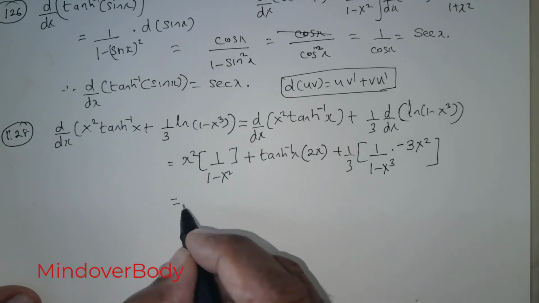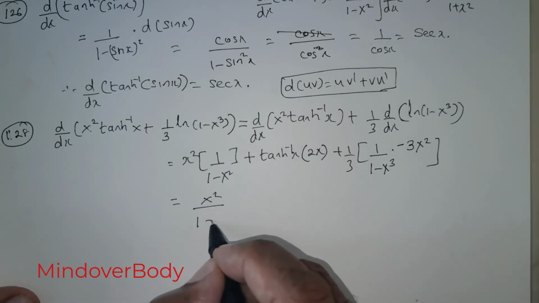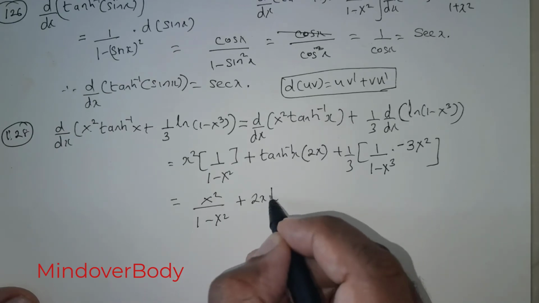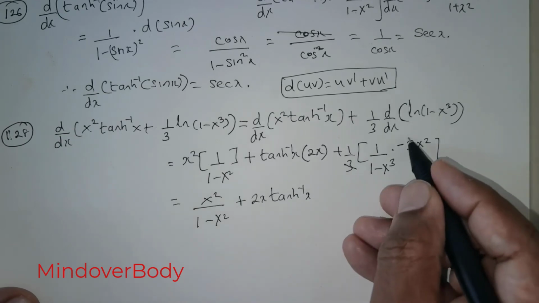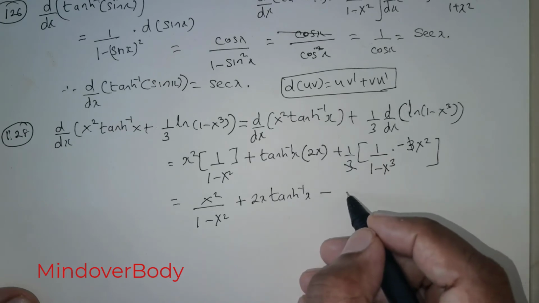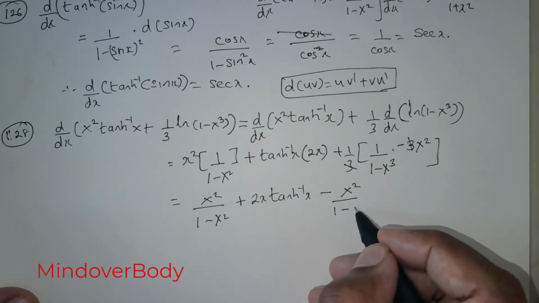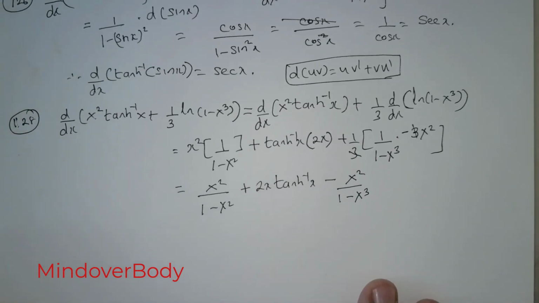So this can be further rewritten as x squared divided by 1 minus x squared plus 2x times tan inverse of x. A 3 and a 3 can be cancelled. You have a negative and a positive, so that's going to be negative there. So x squared divided by 1 minus x to the power of 3. So this is the outcome we have got.